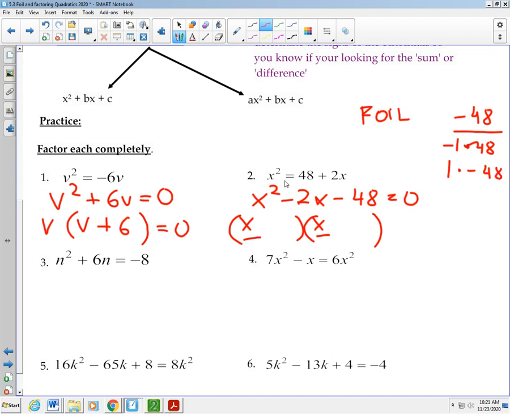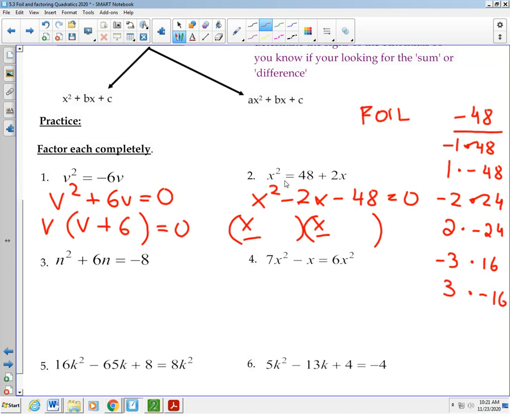It could be also negative 2 times 24. But it could be also 2 times negative 24. So list all the factors, okay, and you will see it. It could be also 3 times 16 or negative 3 times 16, but it could be also 3 times negative 16, okay?